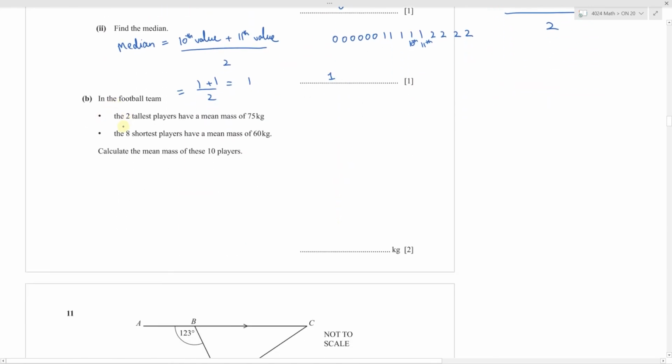Part B is in the football team, the 2 tallest players have a mean mass of 75 kg and the 8 shortest players have a mean mass of 60 kg. Calculate the mean mass of these 10 players.